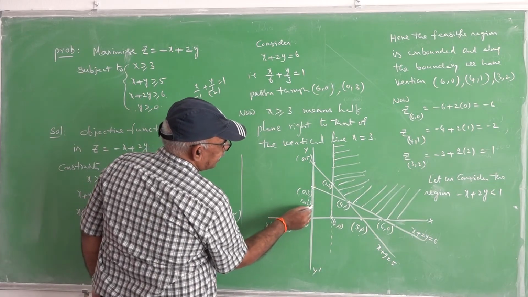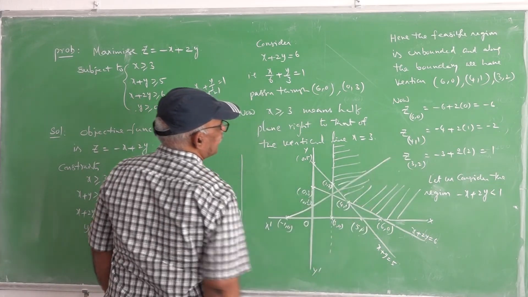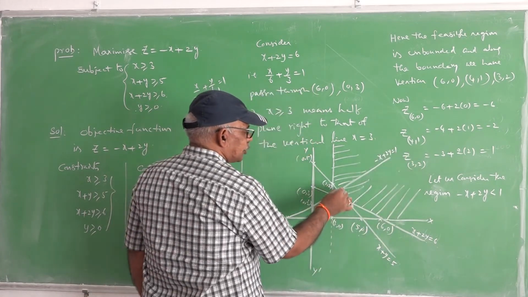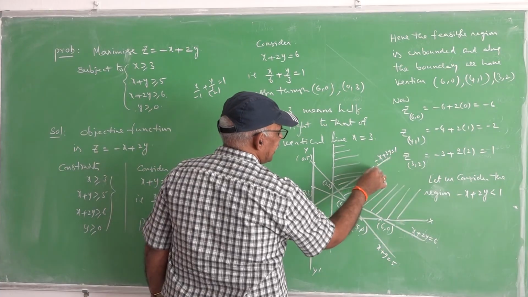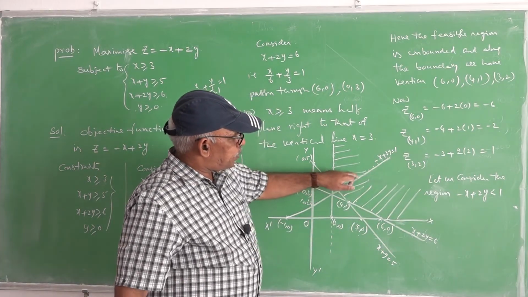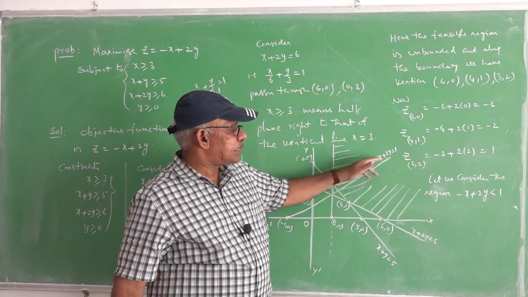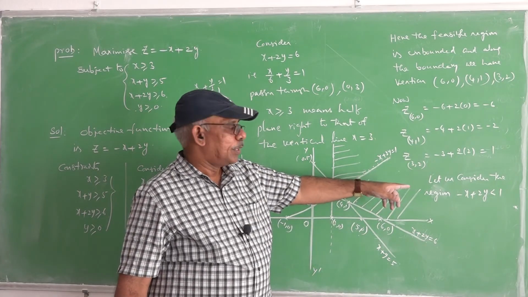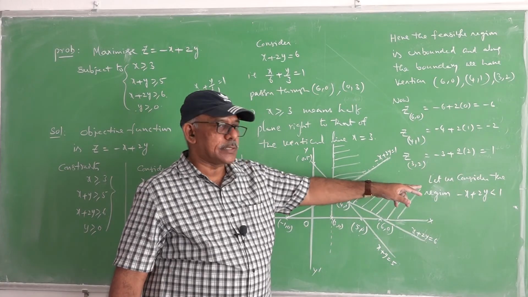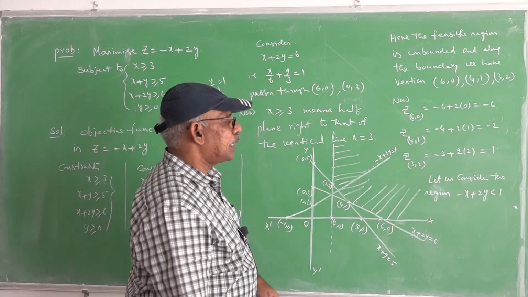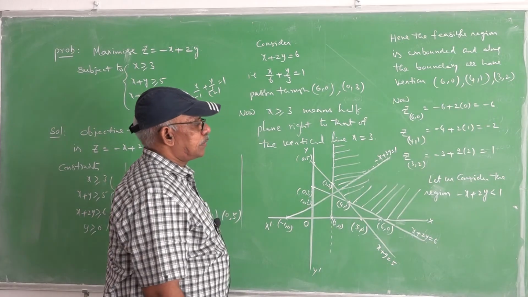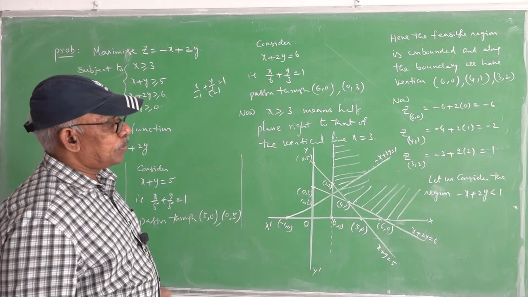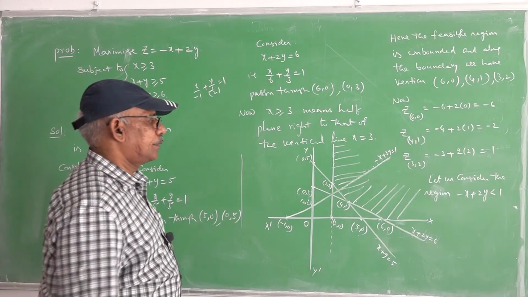So this line is like this, minus x plus 2y equal to 1. There are so many points in the feasible region which satisfy that inequality. Hence, there are so many maximum values. The maximum value cannot be determined here.